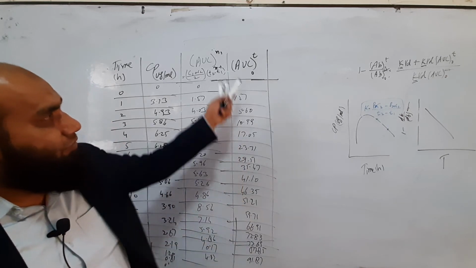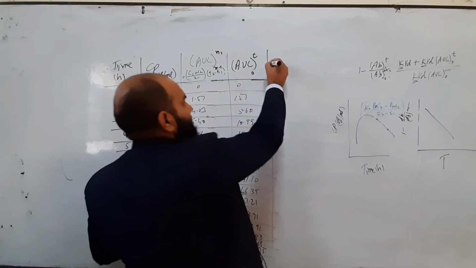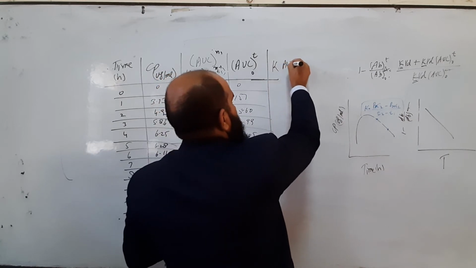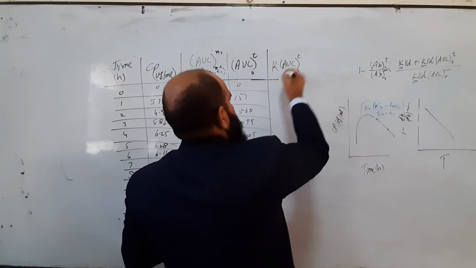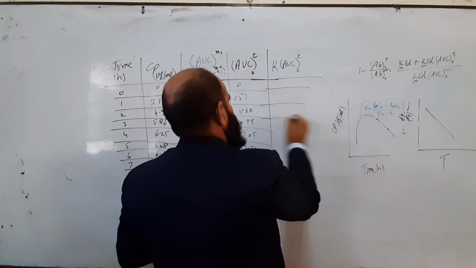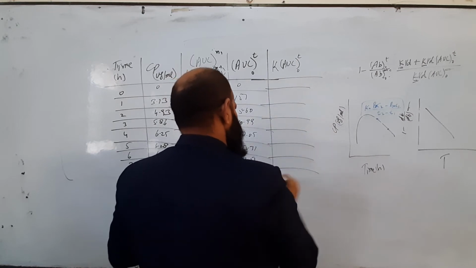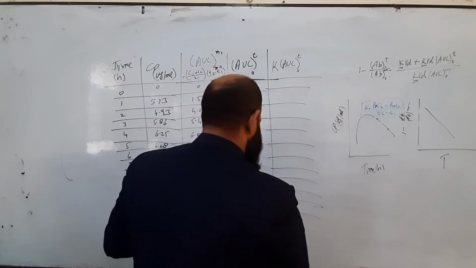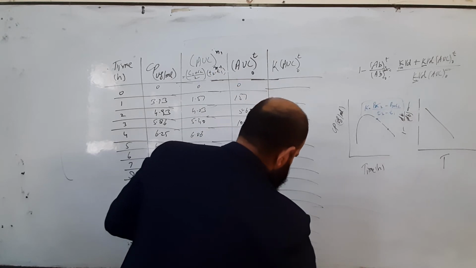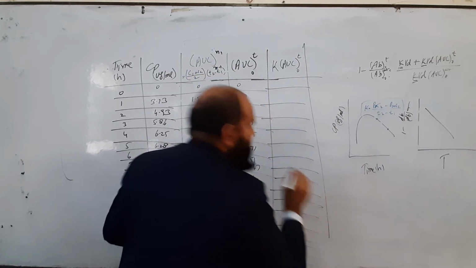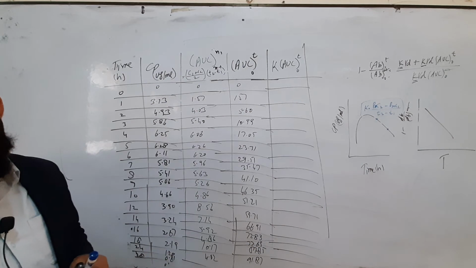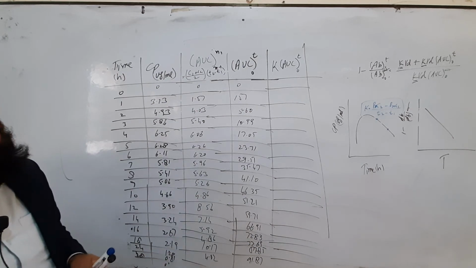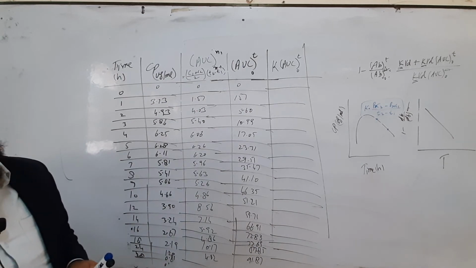So we will multiply with 0.1, and we will have K into AUC 0 to T. Another column, K into AUC 0 to T.